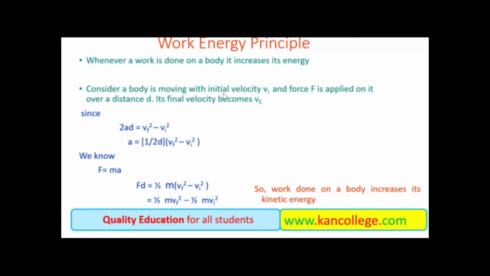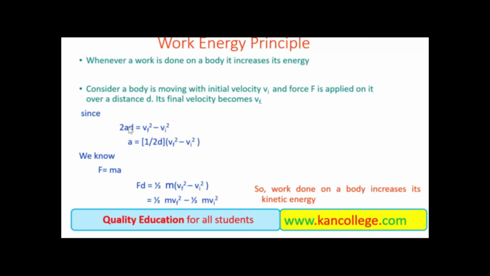Consider a body moving with the initial velocity Vi and a force F applied on it over a distance d. Its final velocity becomes Vf. As the velocity is increased from its initial velocity because of this force, we can apply these parameters in the second equation of motion. What is the second equation of motion? 2as is equal to Vf square minus Vi square, where s is the distance.